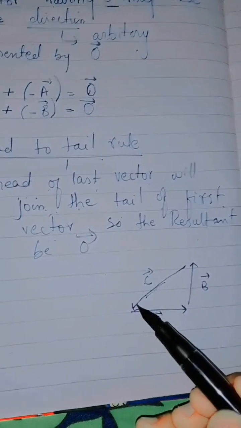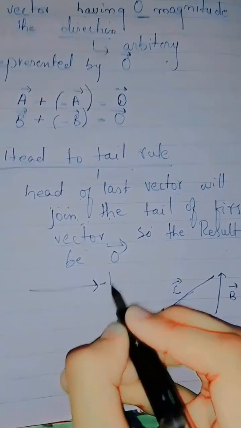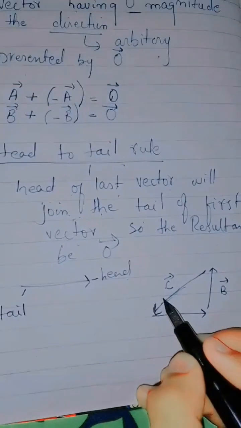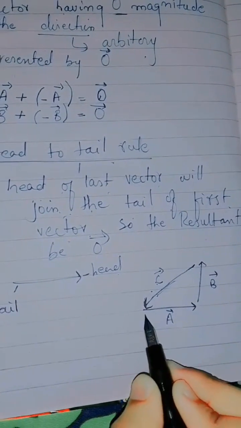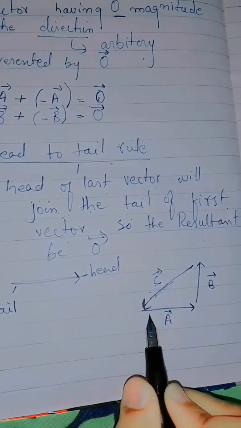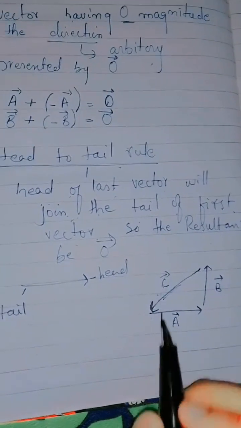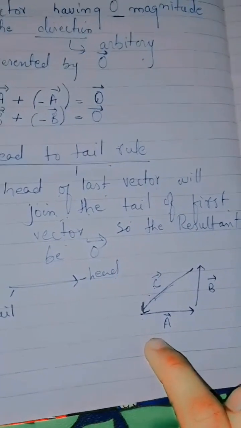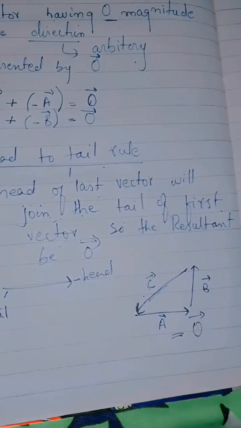If that is the arrow of a vector, this is called head and this is called tail. So basically the last vector is c vector, and the head of this vector is touching or joining the tail of the first vector. So in this the resultant will be a null vector.